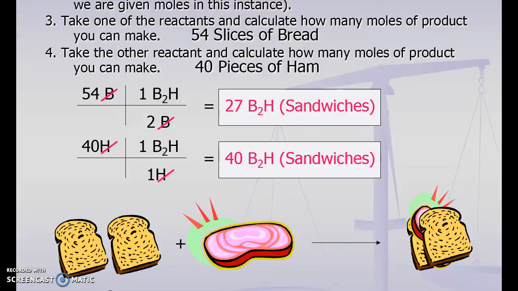We'll only make 27 sandwiches. The smaller answer from this simple math work will tell you the maximum amount of product that you can make. The maximum amount of product we can make is 27 sandwiches. We can theoretically make 40, but we just don't have enough of the other reactant. We've run out of it.